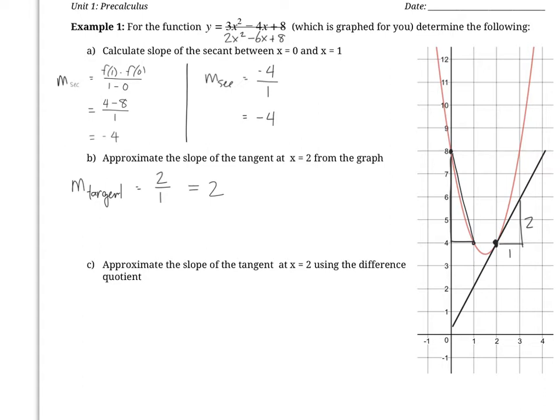Let's do that now. So the slope of the tangent is equal to, according to the difference quotient, f at x plus h minus f at x, all over h. So let's plug in our equation into that.